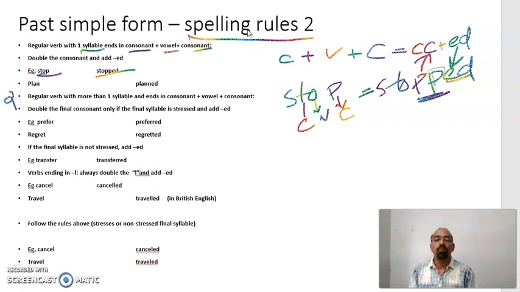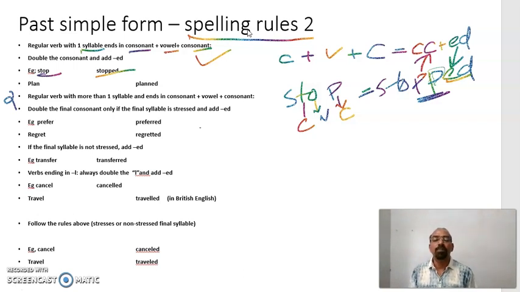A regular verb with more than one syllable and ends in consonant plus vowel plus consonant. What we have to do is double the final consonant only if the final syllable is stressed and add ed. Here we talked about monosyllabic words. Here more than one syllable.